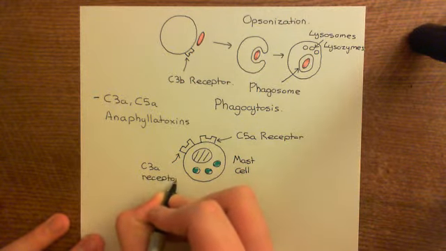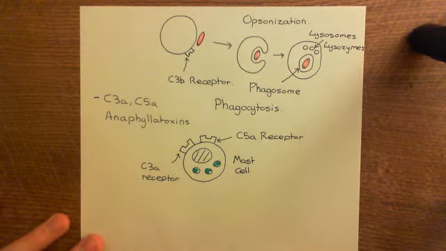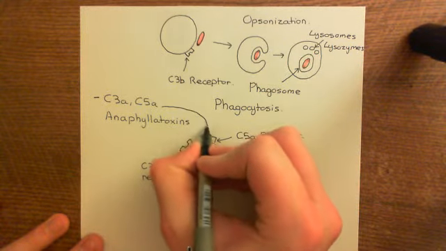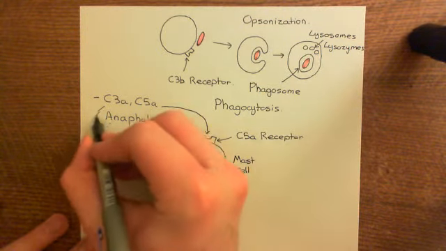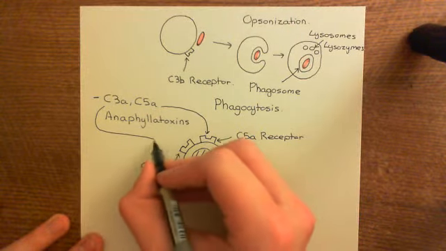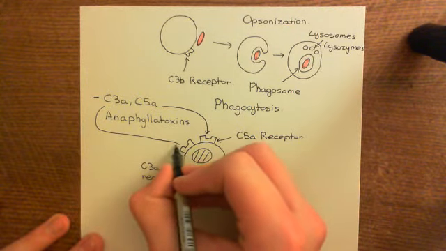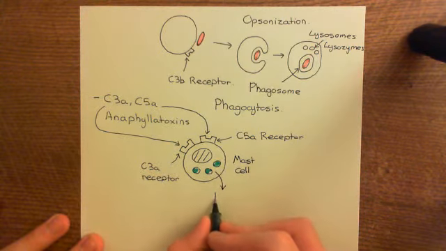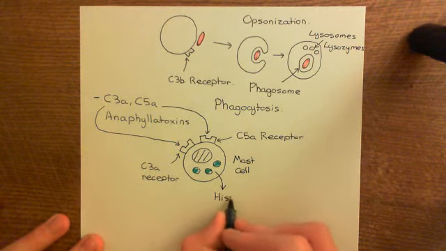These anaphylatoxins will be released by the complement cascades, which are occurring on the surface of microbes, and they will diffuse over to the mast cells, and activate their respective receptors on mast cells, and they will cause more degranulation of mast cells. So they'll cause more release of histamine.